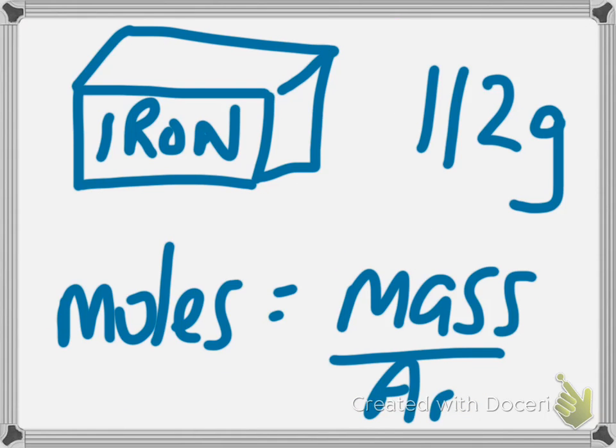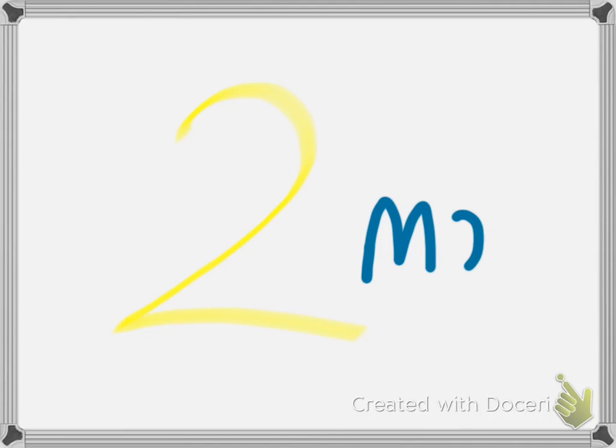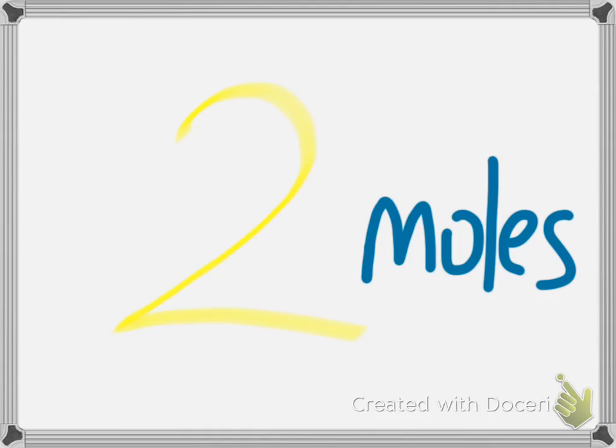Therefore the calculation here becomes moles equals mass, which is 112, divided by AR, which as we know is 56. Find it out from the periodic table. And hopefully you can do that in your head, but if you can't, 112 divided by 56 is equal to 2. Now remember, that is 2 moles.